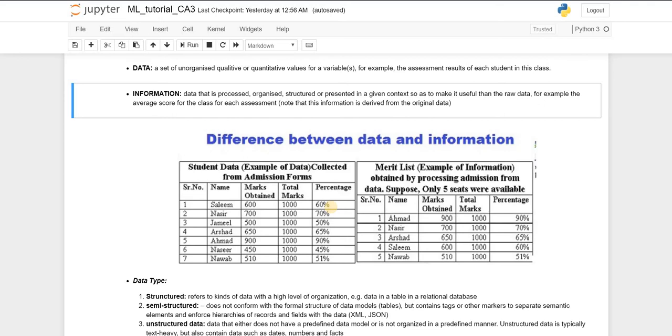It's the exact same data, but this data has been processed, organized, and structured to represent the 5 highest students in this subject. So this information gives me straightforward knowledge that these students got the highest 5 marks within the class. So here we have a good understanding now of the difference between data and information from this simple example.